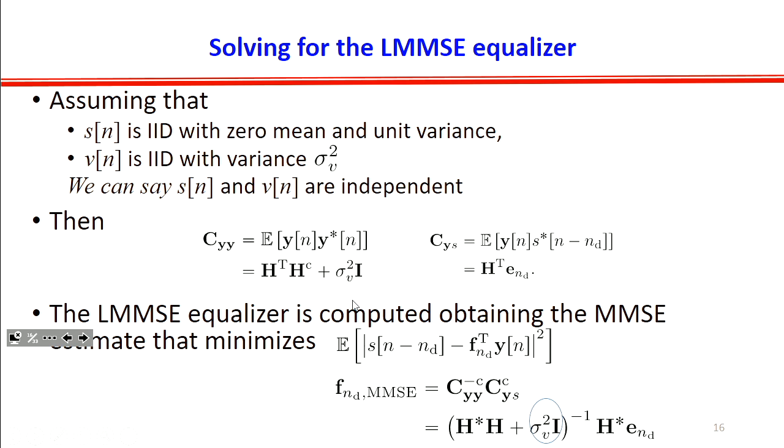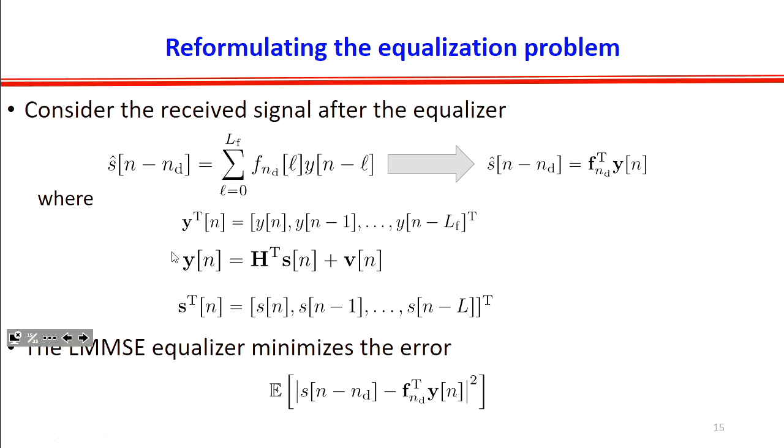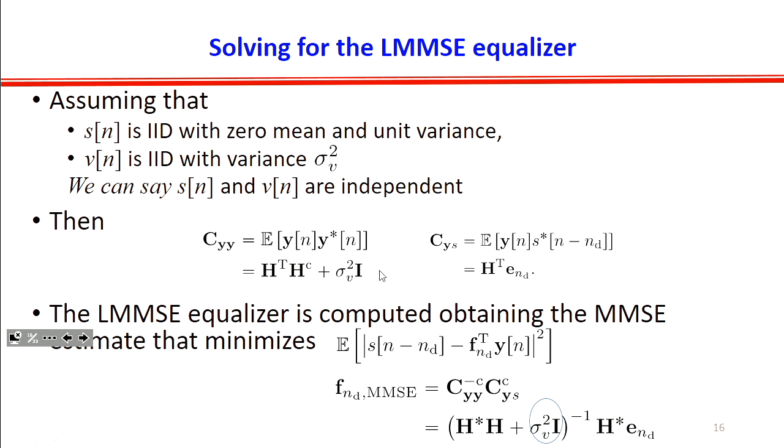Just substitute Y of n with this equation here. Y n is H transpose S n plus V n inside this equation, and take the expected values of noise and the transmit signal. You should be able to arrive at this quantity here.